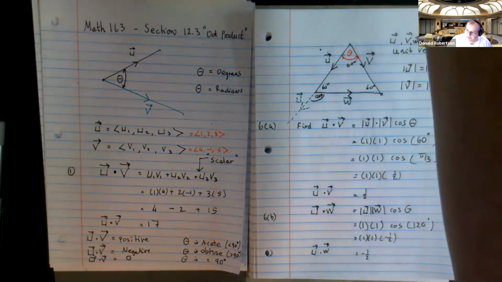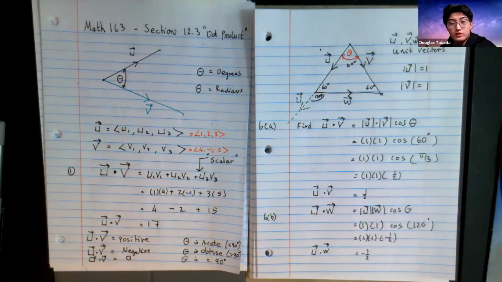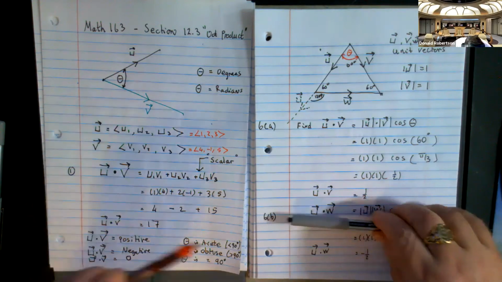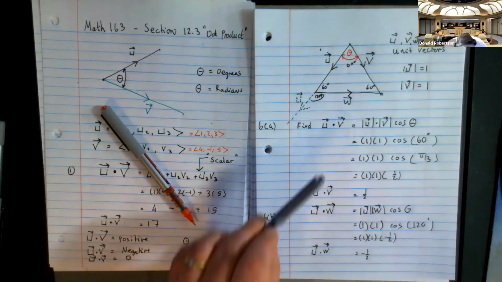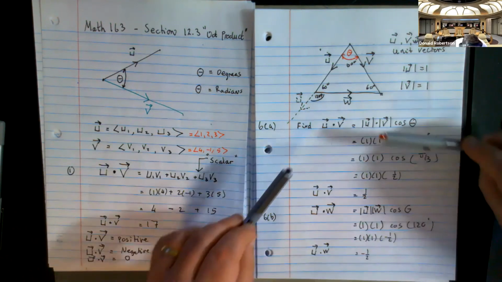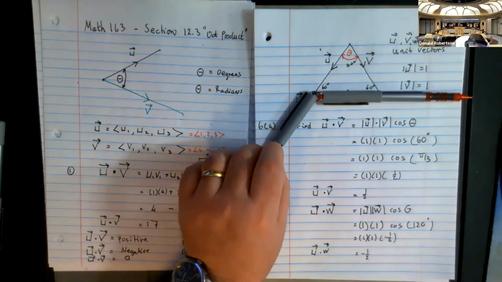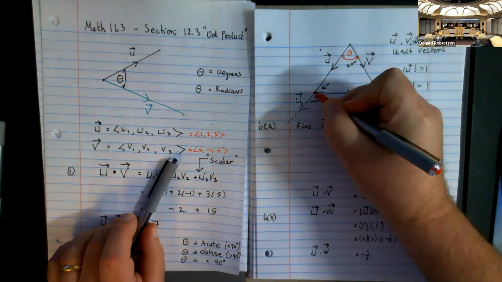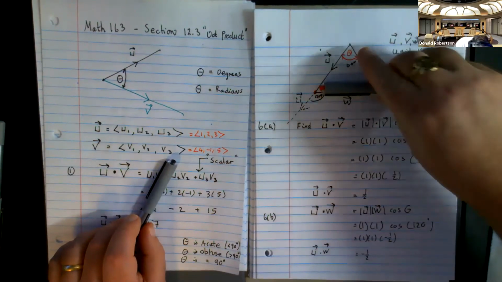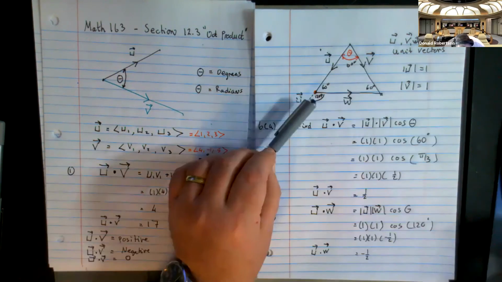So far, so good. Can you explain again why we used 120 degrees instead of 60? Right. If you imagine the vector U and the vector W, it's those two pens. You need to start at a fixed point, and W leaves this way, and U has to go this way.